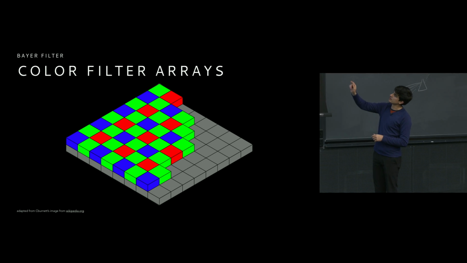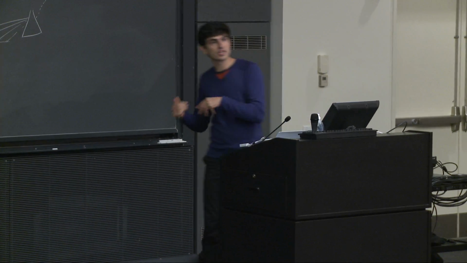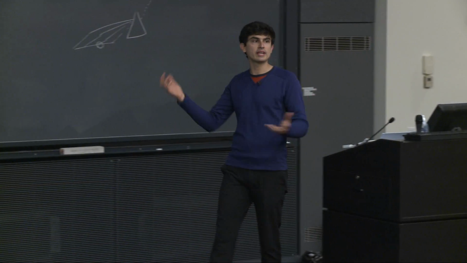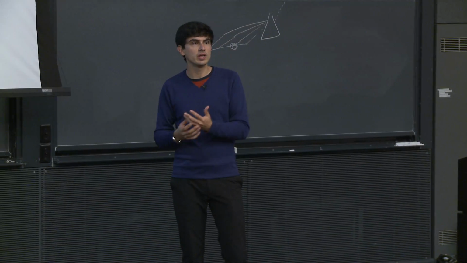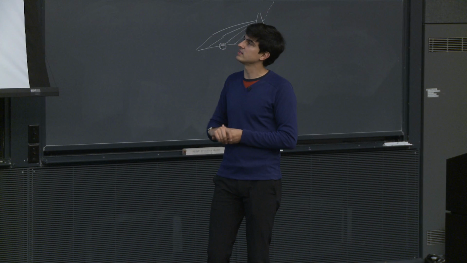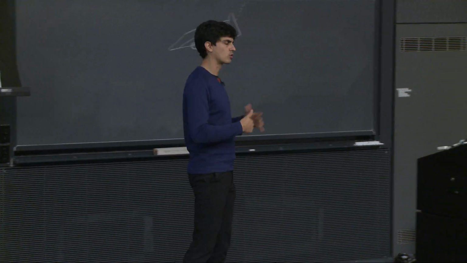It's blue, green, green, red, and so on. And what this means is that at every individual pixel, we're not in fact receiving all of the color information for that, so we have to reconstitute the original color in some way. There must be some way that we can try to figure out the individual color that existed at this particular location. And there are some algorithms for that.